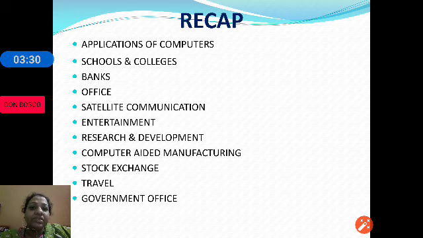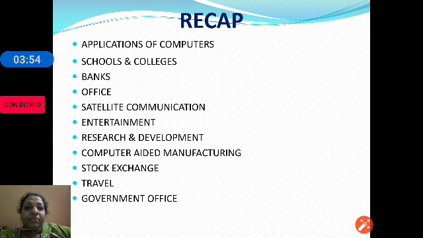Similarly, we had also discussed how computers are used in industries, which help us in various ways of manufacturing different products. And in stock exchange we studied how computers, sitting at one place, help us in buying and selling different shares.